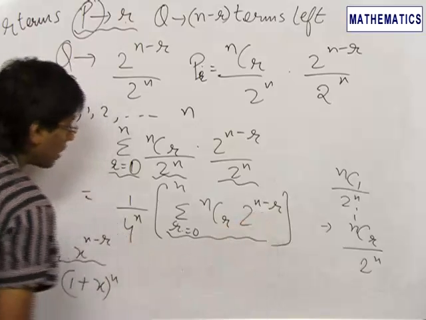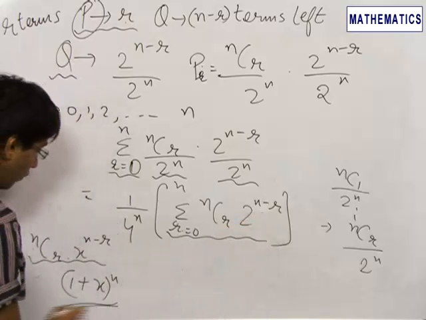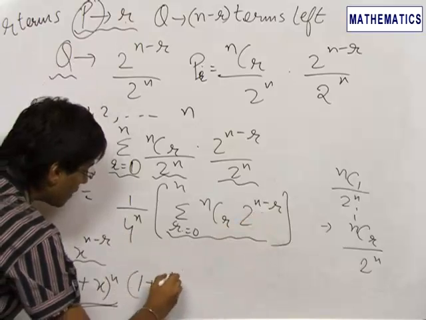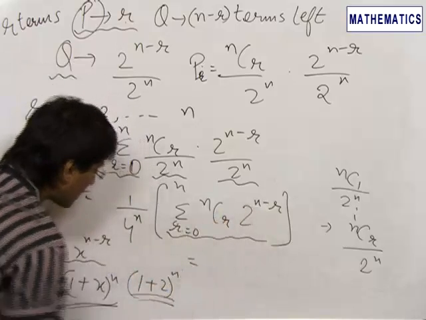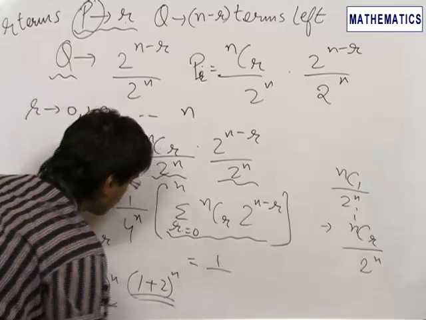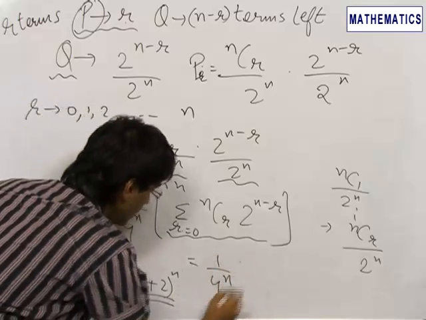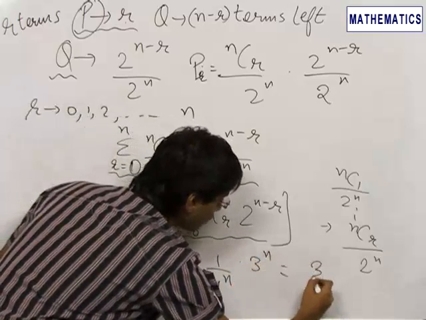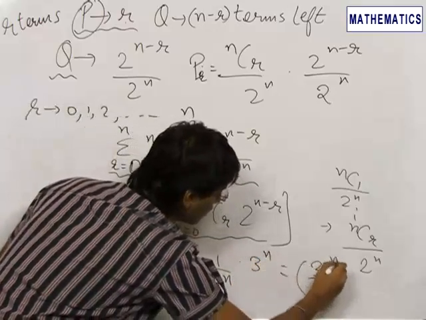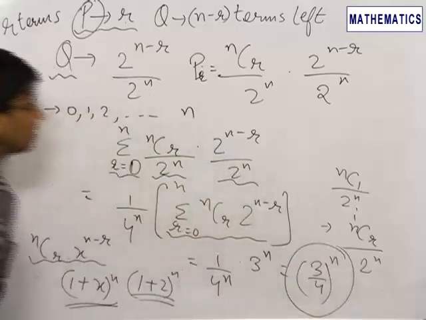So this is a general term for the expansion of 1 plus 2 power n. So the entire summation becomes 1 plus 2 power n. So this is equal to 1 upon 4 power n into 1 plus 2 power n, which is 3 power n, and hence this comes out to be equal to 3 by 4 whole power n.